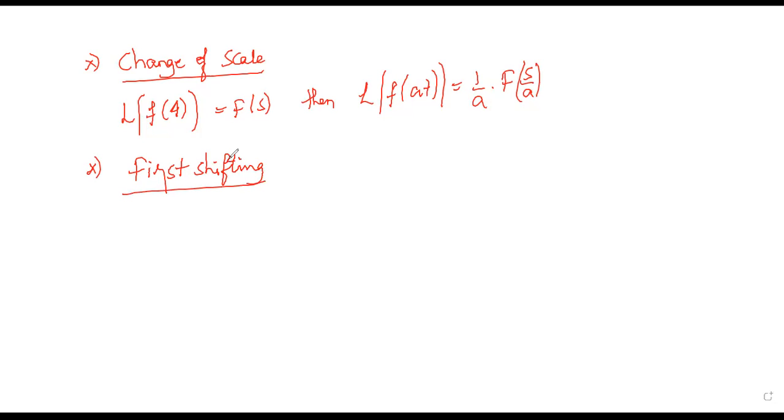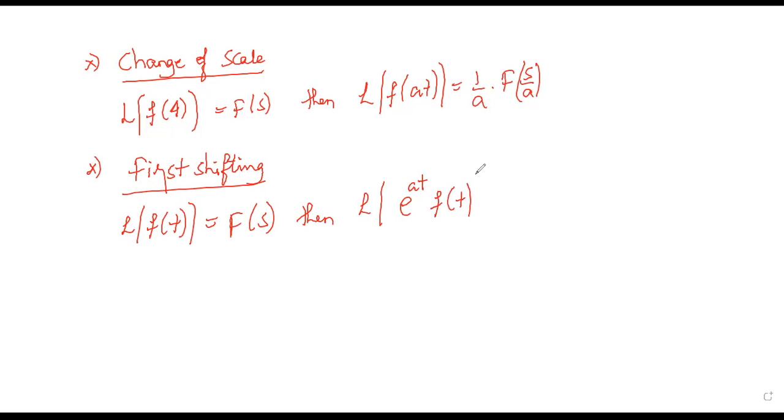First shifting property, our statement is, if Laplace transformation of f of t is equal to capital F of s, then Laplace transformation of e to the power at into f of t is equal to F of s minus a.